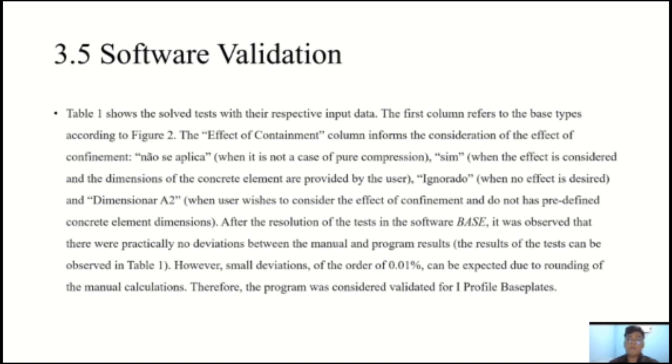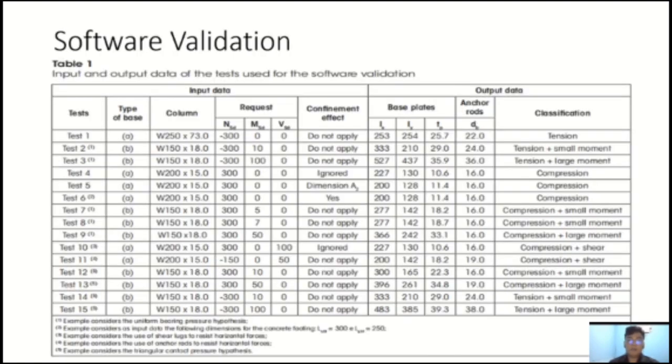Therefore, the program was considered validated for one profile base plate. So here is the software validation, the results. Table 1, input and output of the data tests used for the software validation. Here you can see the output of the data that are inputted in the software.